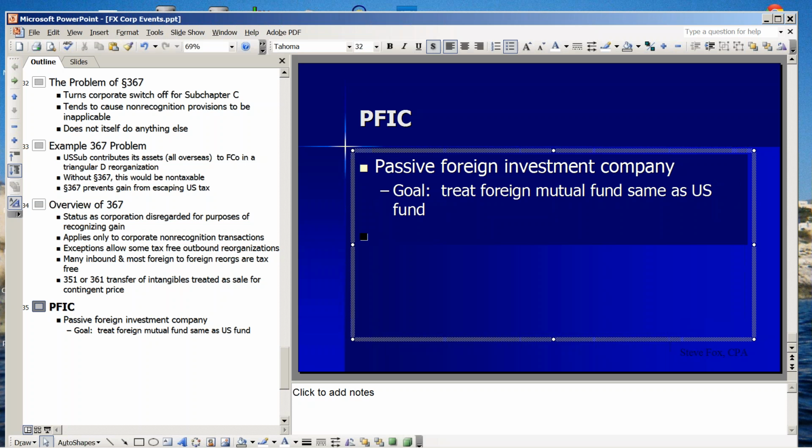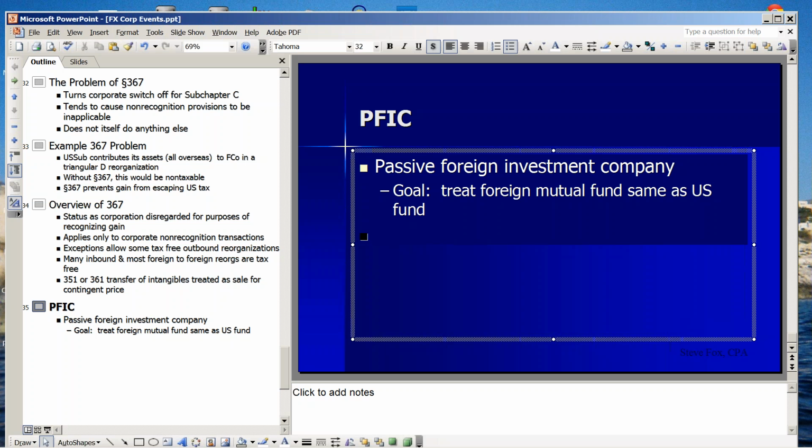Unfortunately, they drafted it a little too broadly, and it treated any foreign corporation that met the PFIC tests, the asset or income test, to be a PFIC, as this nasty thing, even if it was already a controlled foreign corporation.